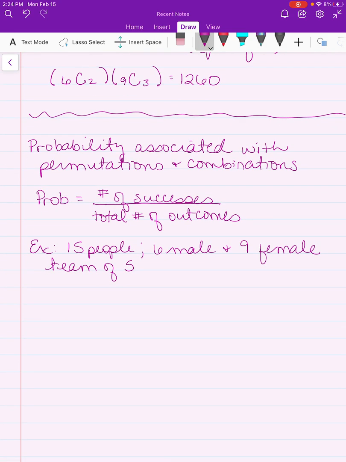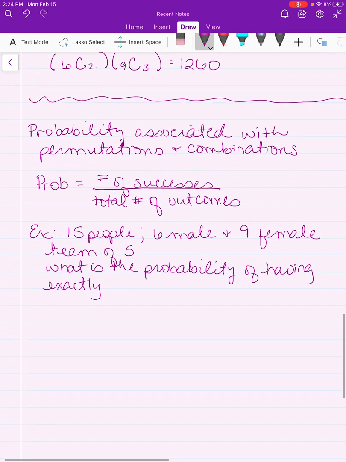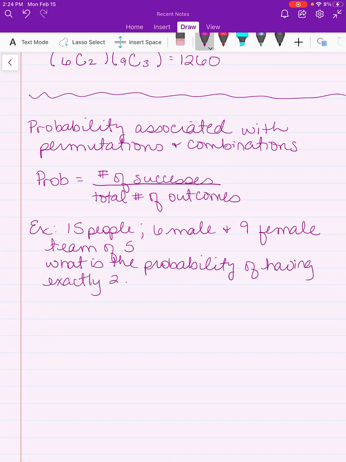And say, what is the probability of having exactly 2 male and 3 female?